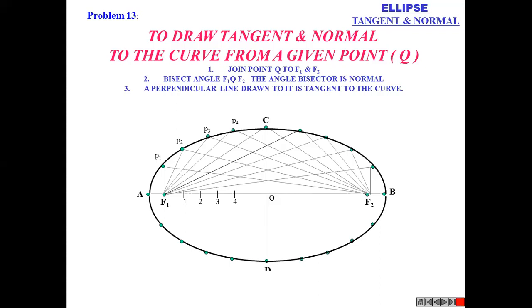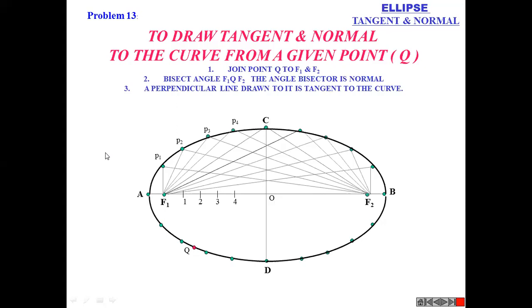Okay. So this is the existing ellipse, fine. Now there is some point Q given like this. Any point Q. Actually we did this yesterday while drawing with the normal method. We will do it again after discussing this.